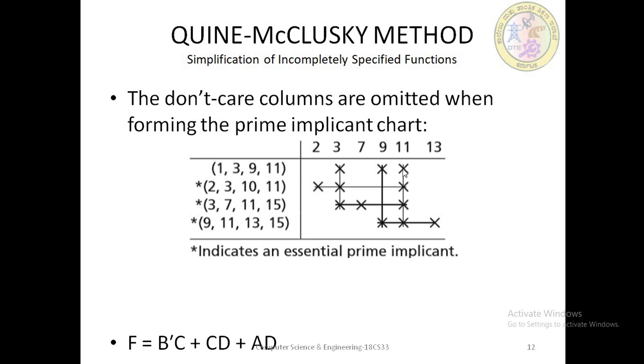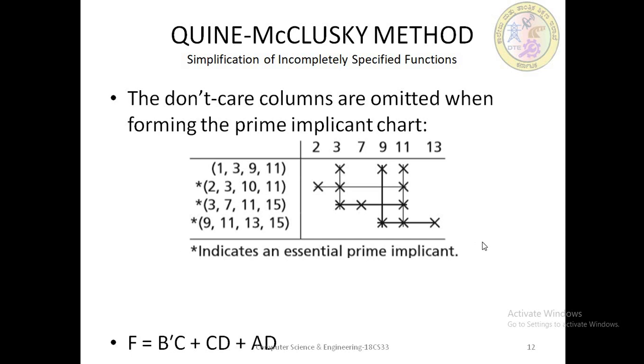So we eliminate this one, and this has one prime implicant, this also has one, and this also has one. We take these into consideration, and these three will be covered by the others itself. So the final expected result is B bar C, CD plus AD.